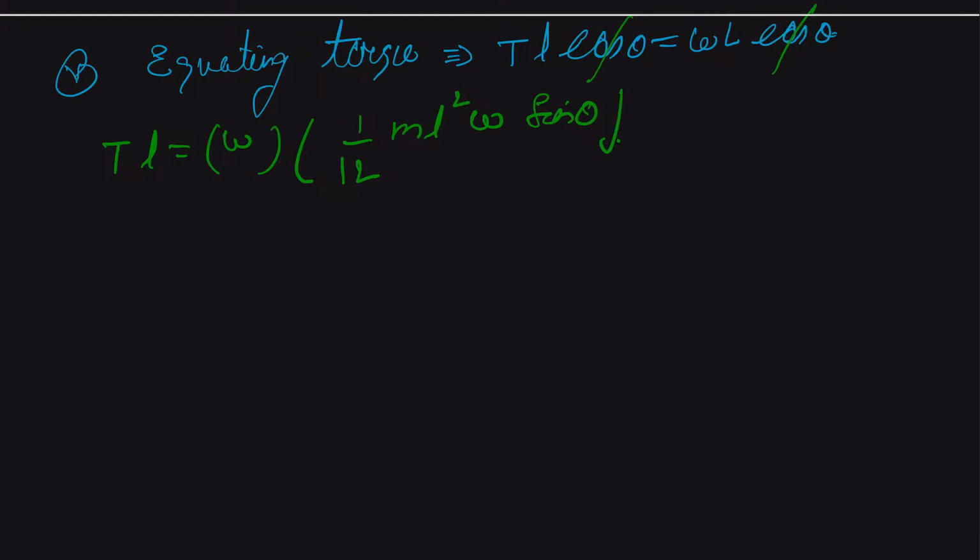And this length goes by the square, so we get our tension T is equal to 1/12 ml omega sine of theta.